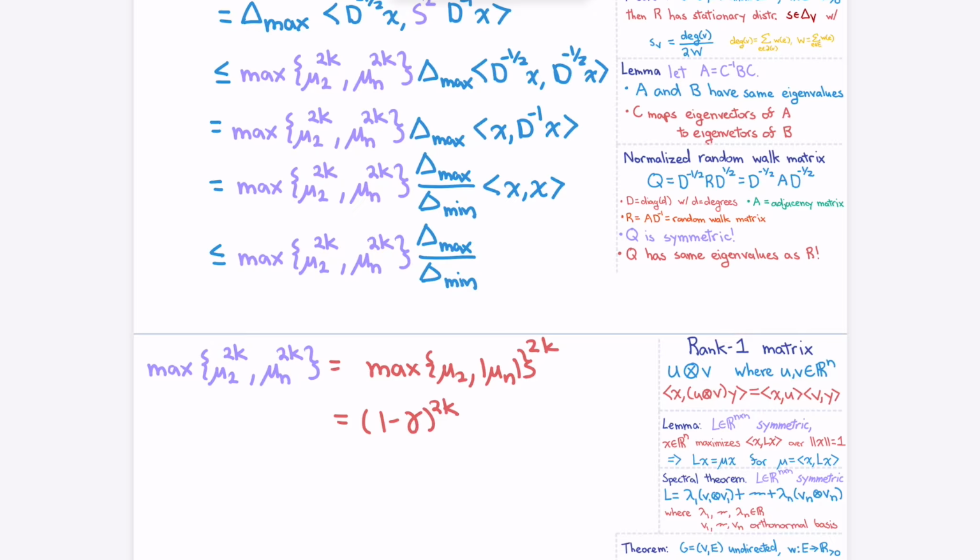So you get this (1 minus gamma)^2k, which, as you have done a million times, is less than or equal to e^(-gamma 2k). And not only that, but it's a good approximation when gamma is small. You're not losing much. You're trying to figure out the rate of exponential decay, and it's governed by gamma. So the spectral gap will tell you how fast it converges.